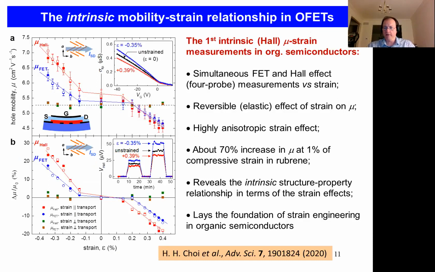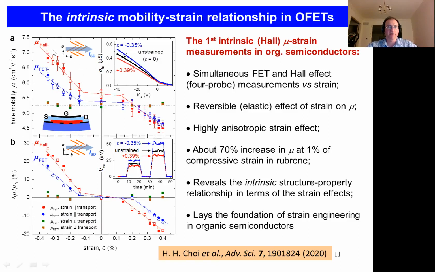Okay, so this slide shows the main results. The upper panel shows the charge carrier mobility in these transistors as a function of strain, strain in percent epsilon. The negative values correspond to the compressive strain, and the positive values correspond to the tensile strain. In our devices, the transport direction is along the high mobility B axis, okay?